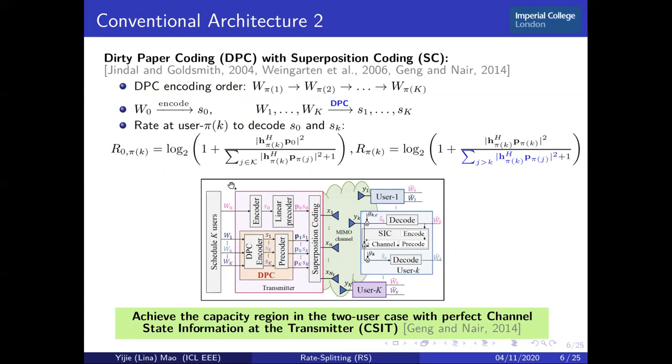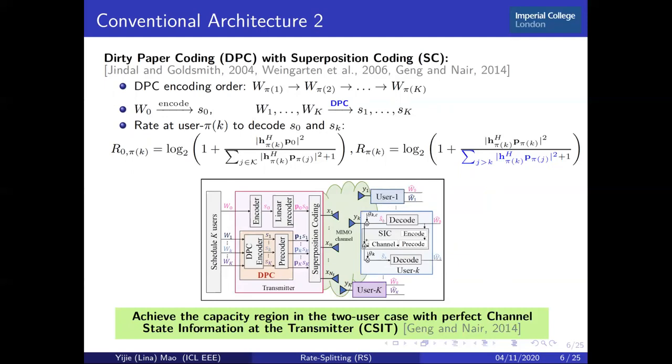So in this DPC-assisted scheme, the unicast messages are encoded by dirty paper coding. At the receiver side, each user still decodes the multicast stream s0 and the intended unicast stream sK sequentially with the assistance of one layer of SIC.